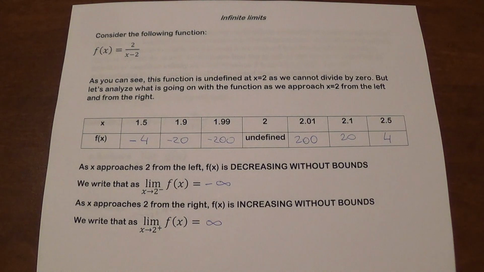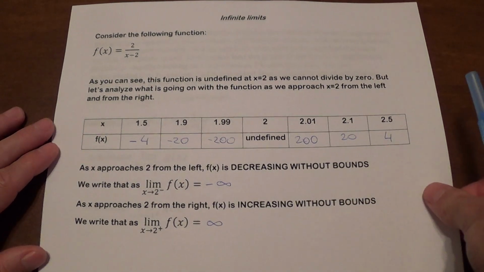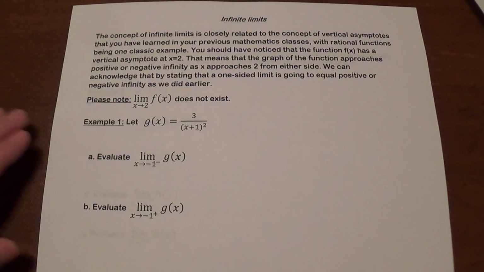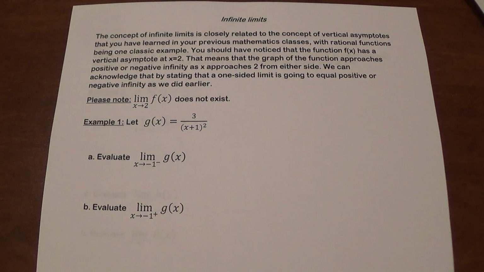Okay? So, the concept of infinite limits that we're discussing right now, if you recall from your Algebra 2 course or pre-calculus course where you discussed rational functions, is usually a very typical example.